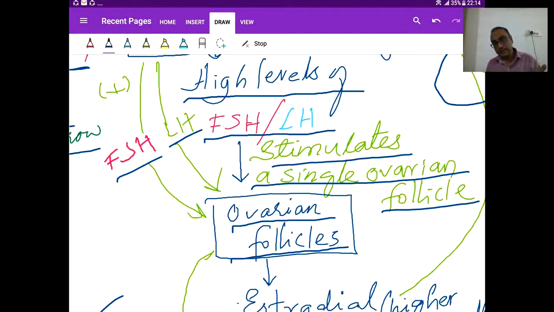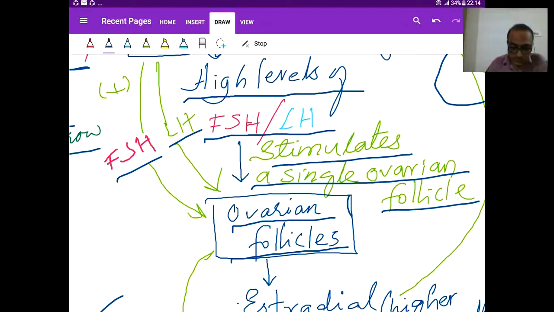Most of them, all except one, will have their growth arrested. Some chemicals produced from the Graafian follicle will not allow these other follicles to grow. Only one follicle under the higher levels of FSH and LH will be allowed to reach the Graafian follicle stage. Okay.